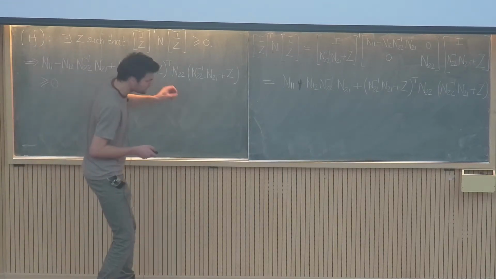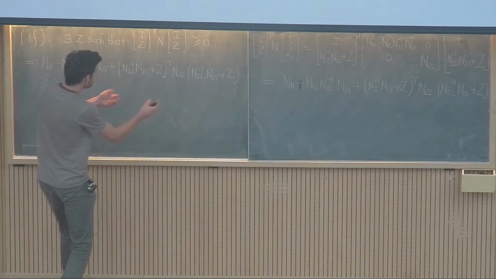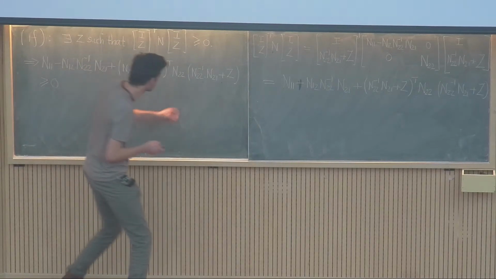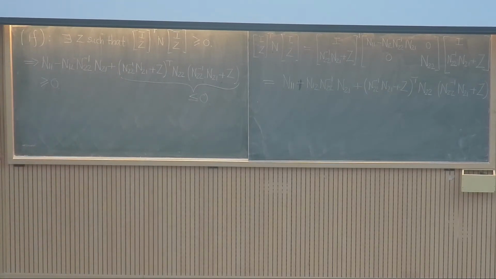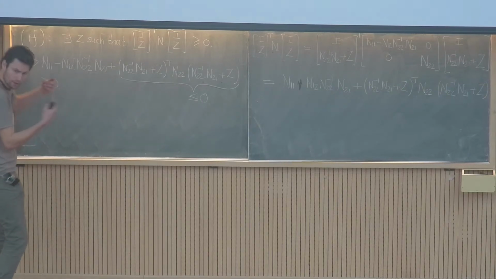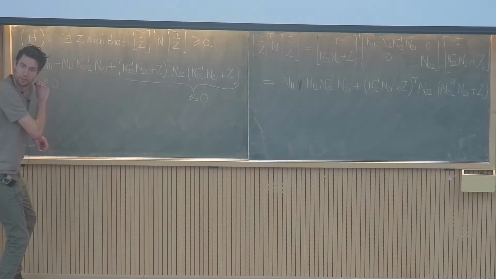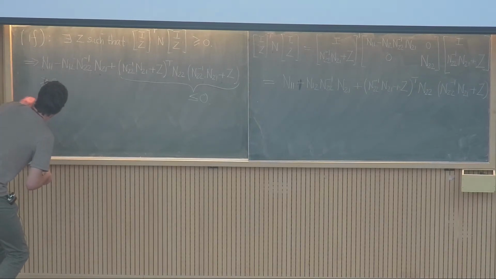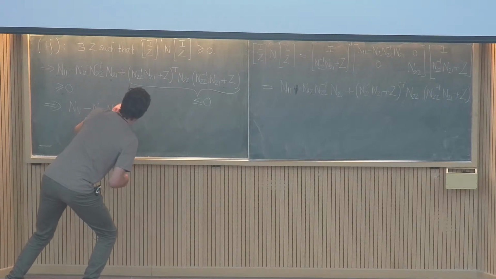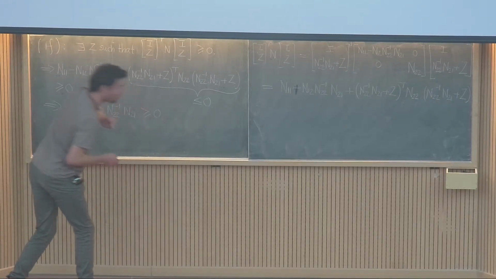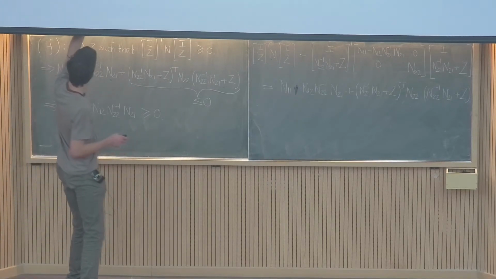But note that we made the assumption that n22 is negative definite. Which means that if I multiply with this matrix on the right and the transpose on the left, this term will be less than or equal to 0. So the only possibility for making this whole term greater or equal to 0 is if the Schur complement is positive semi-definite. So this implies that indeed n11 minus n12, n22 inverse, n21 is greater or equal to 0. And that proves the if part. Great.